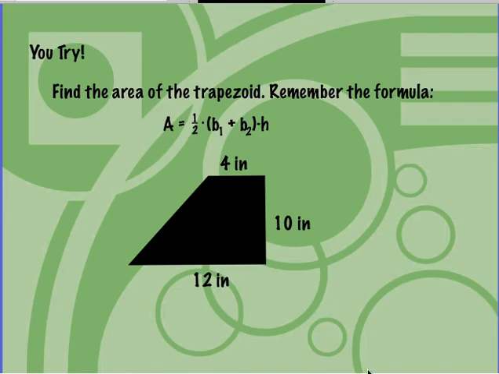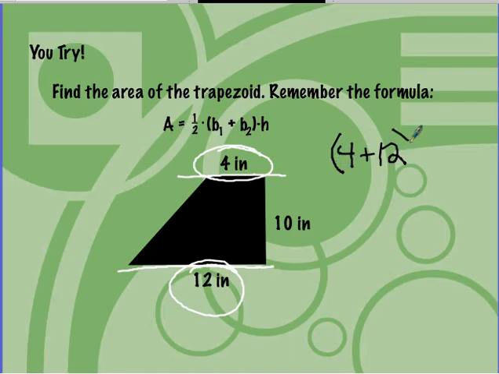All right, so again, first we need to identify our bases. So here are my 2 parallel lines. So if I want to take a look, these are my 2 lines that run parallel, so these have to be my bases. So I know I have to add those together. So I have to add 4 plus 12 before I can do anything.